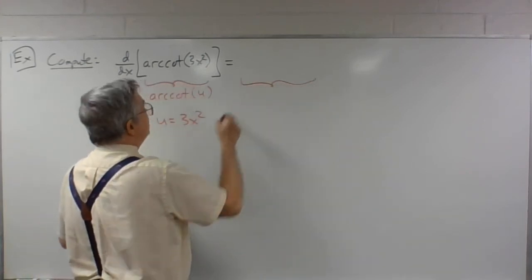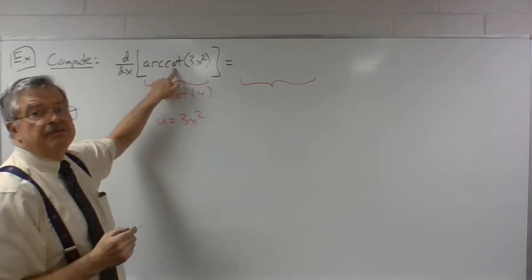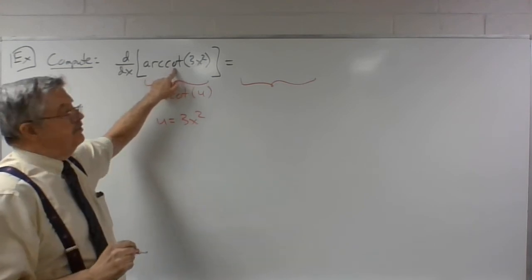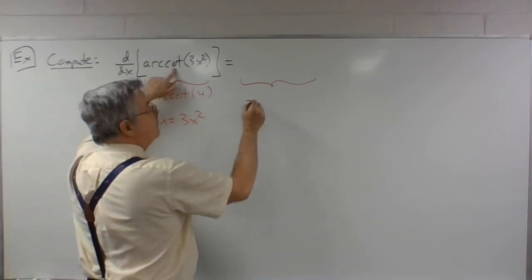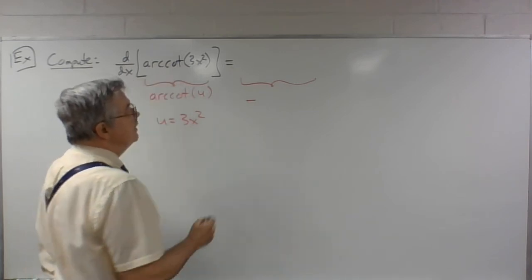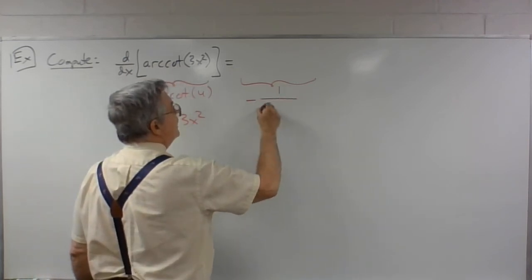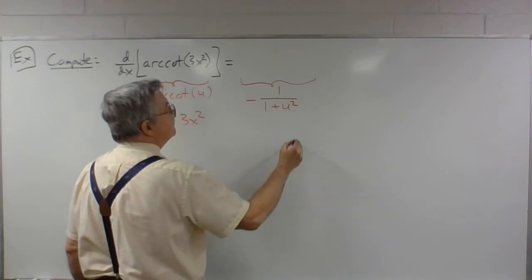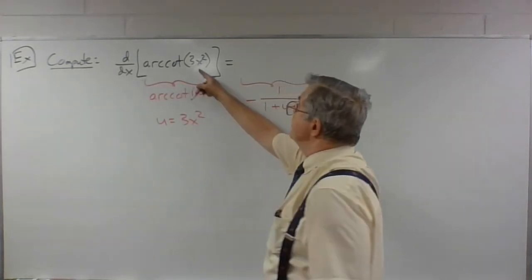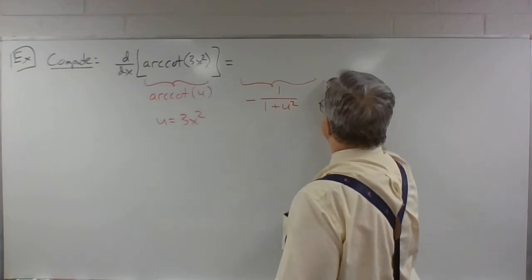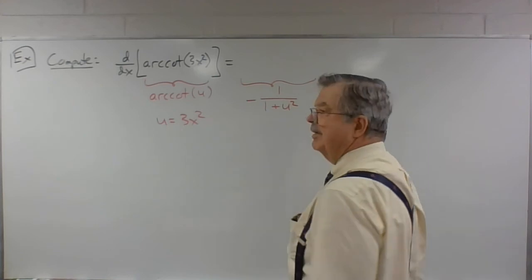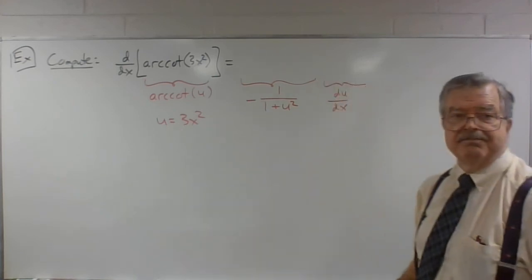This is one of those arc cofunction derivatives, so we're going to have a negative sign out front. We're going to have 1 over 1 plus u squared. And then by the chain rule, we're going to multiply by du dx.